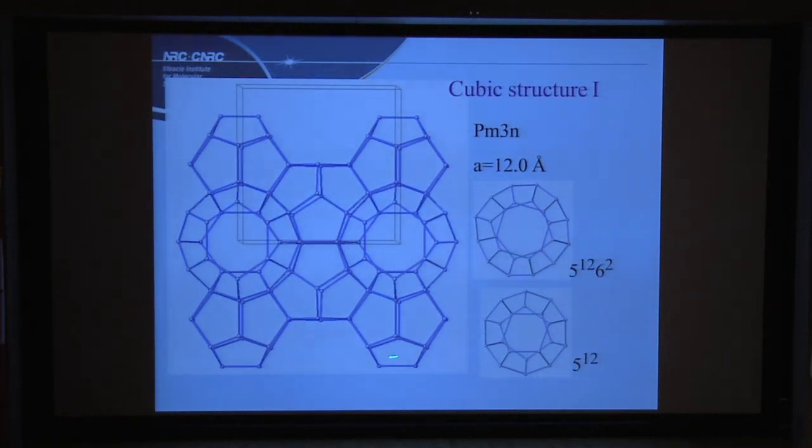And these pack together to give a nice space-filling structure. And of course, the oxygen atoms are at the vertices, and the hydrogen bonds are between oxygens. And then we have the cavities or cages which can hold the guest molecules.